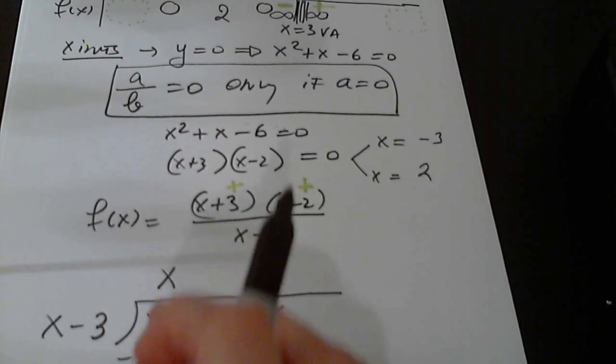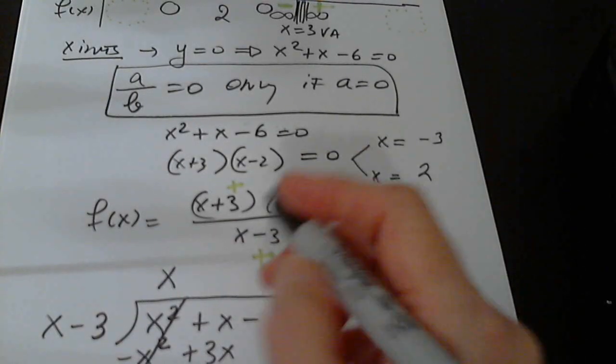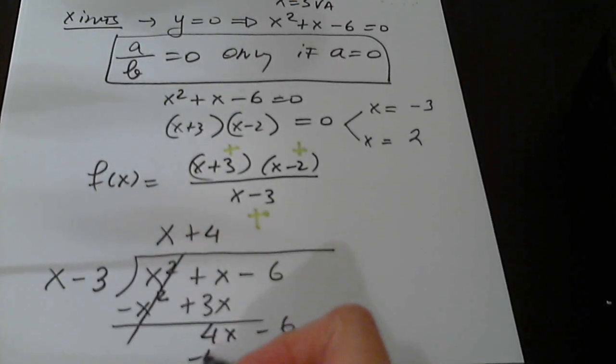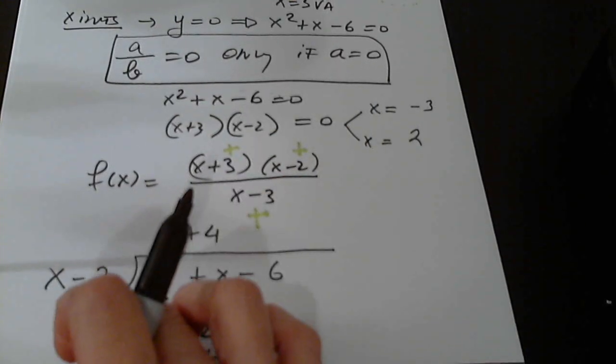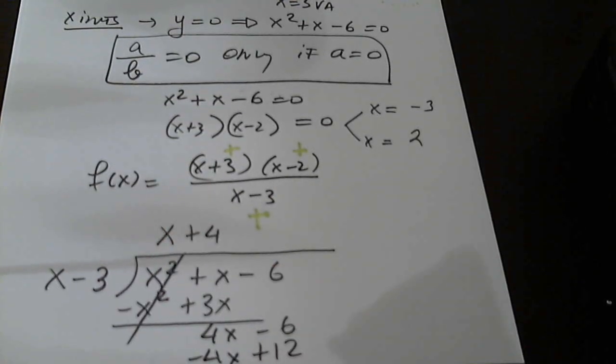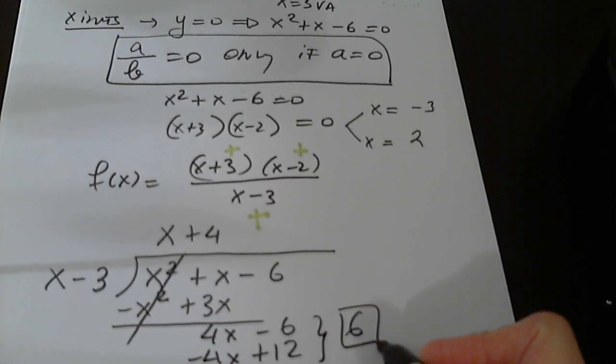Final answer. X times what is 4x? 4. Positive 4. Good. So 4 times x is 4x. I have to subtract. 4 times negative 3 is negative 12, but I have to change the sign. Sorry that I have no room here, so the remainder is 6.